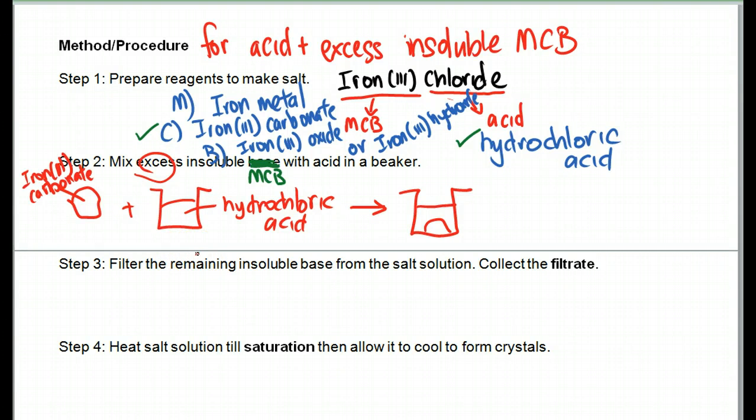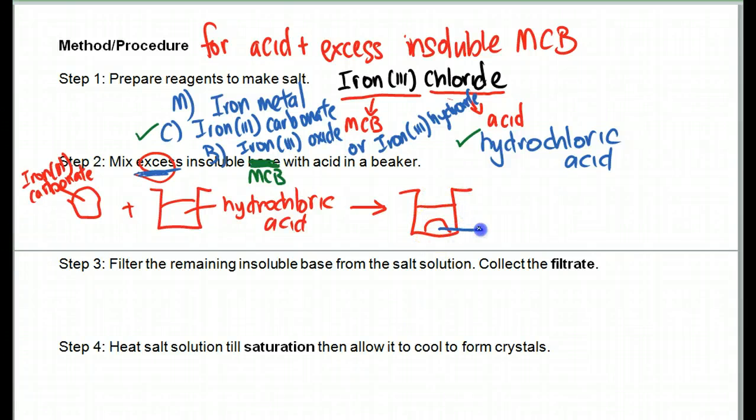what's going to happen is that all of the acid will be reacted away. Again, all of the acid will be reacted away because you added excess, which means that it's a lot of extra. In this case, it will be iron 3 carbonate.